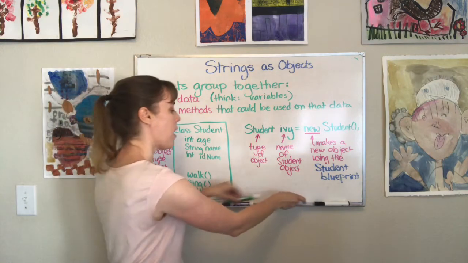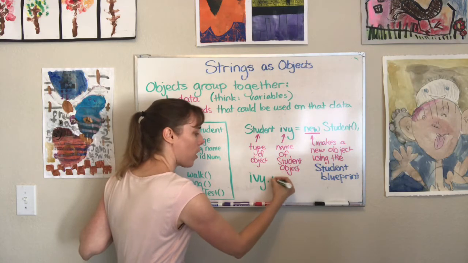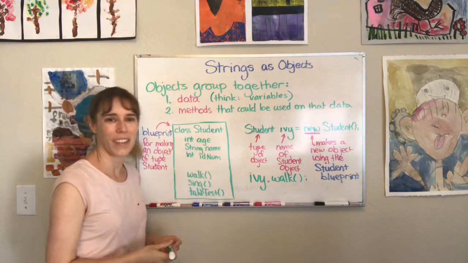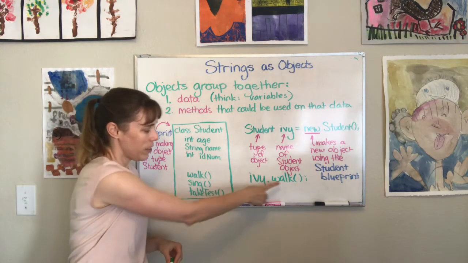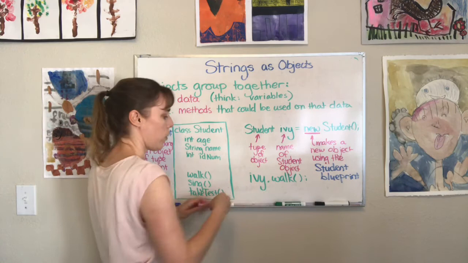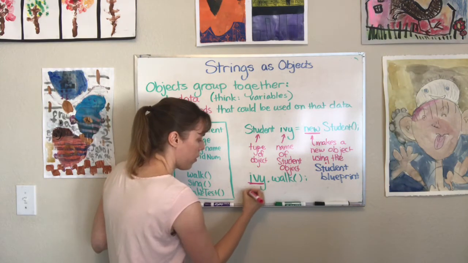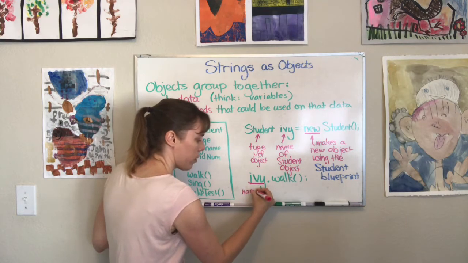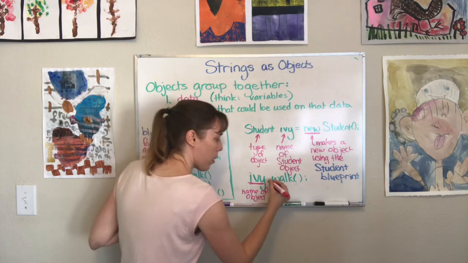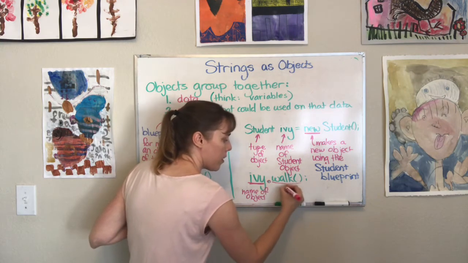We can say, hey, Ivy, could you walk? And off she'd go. Ivy, walk. So this part is the name of the object, and the second part, after the dot, is the method name.